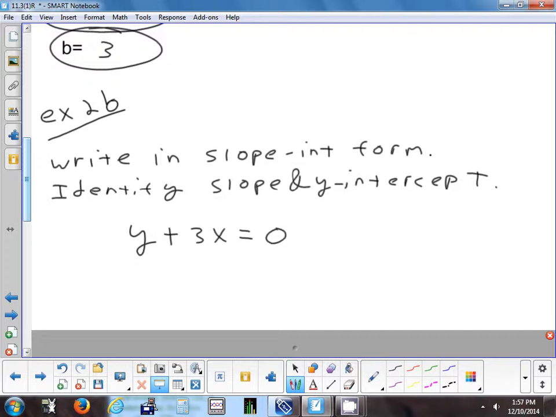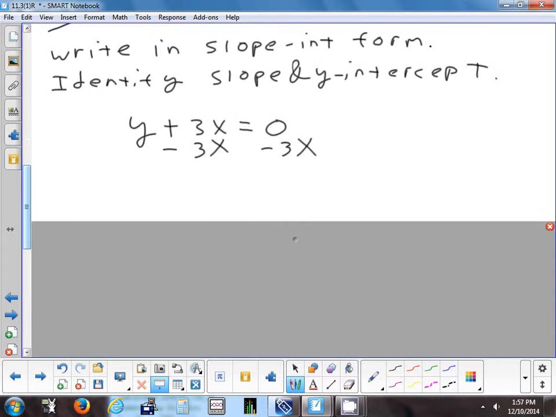All right, guys up here, what did we say has to be by itself? Y. How are we going to get y by itself? Well, there's nothing to simplify. But you do have to subtract something from each side. Minus 3x, minus 3x.